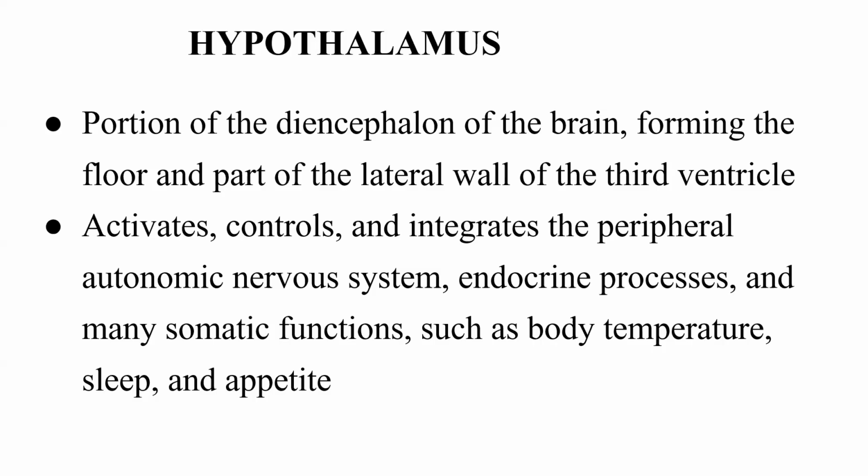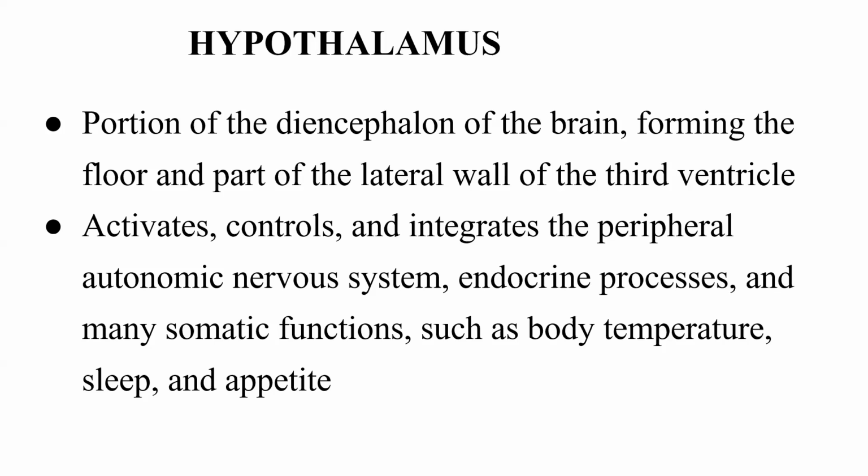In endocrine processes, they are the main and major gland that helps to control all other endocrine glands. They kind of control every other activity of the endocrine processes, and many somatic functions too, such as body temperature. They also help in regulating body temperature, sleep, and appetite.